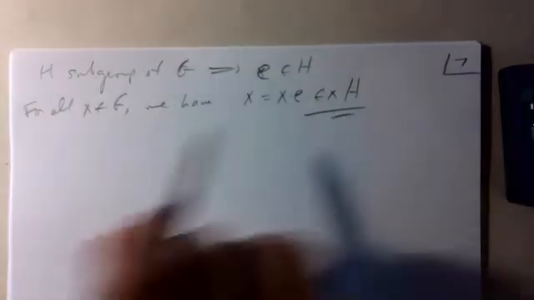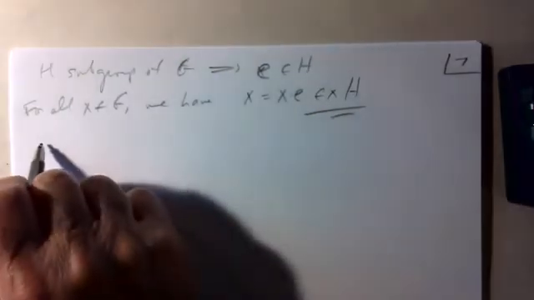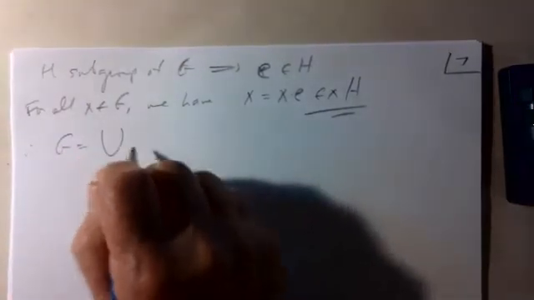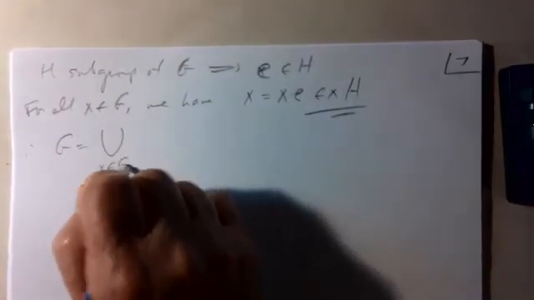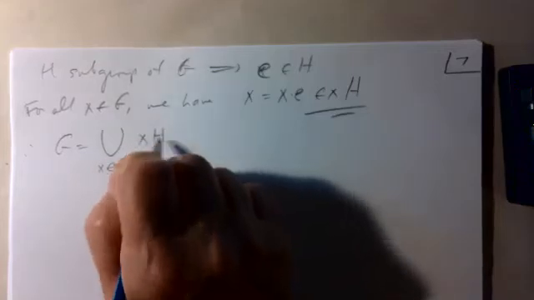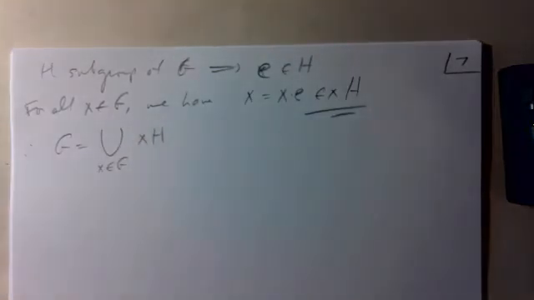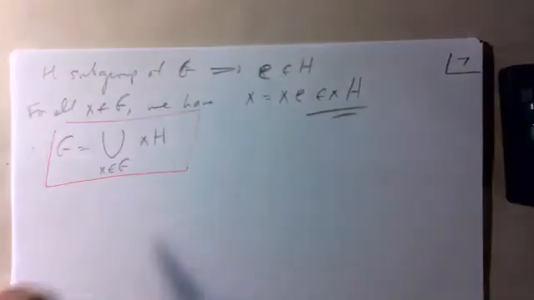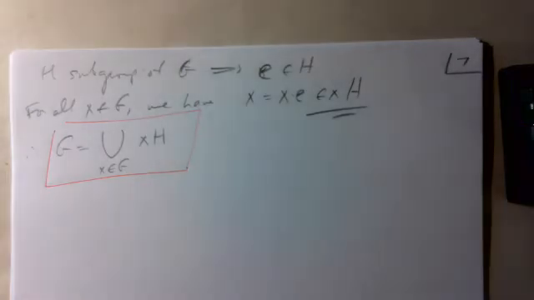So every element is in some left coset. So we can say that, therefore, G is the union of all of the left cosets. Every element belongs to some left coset. This is the obvious one. So G is the union of these left cosets.